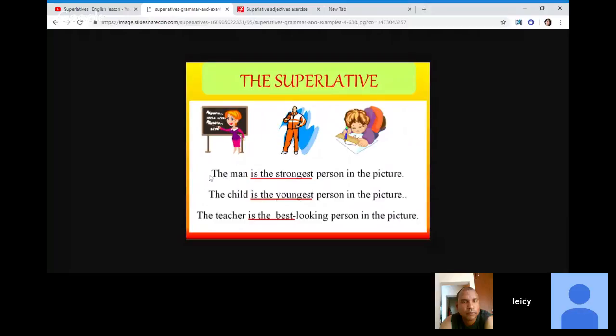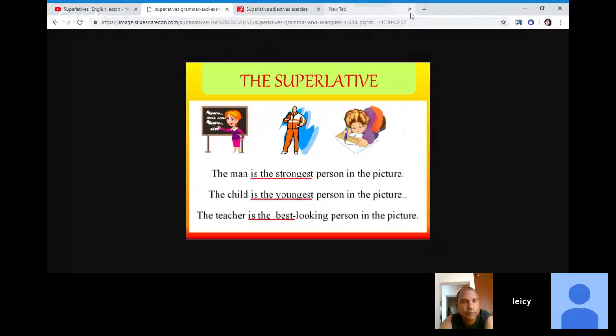The first sentence is talking about the strong person in the picture. The second sentence is talking about the youngest person. In this case, it is the child. The last sentence is talking about the best looking person in the picture. Now, do you have any examples with respect to the superlative and the pictures?